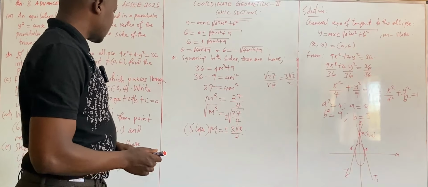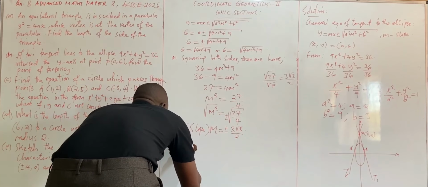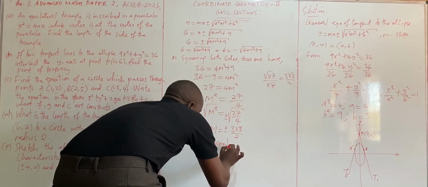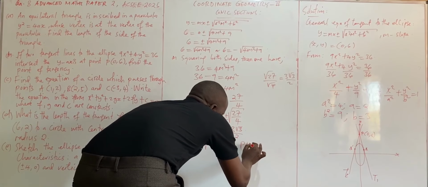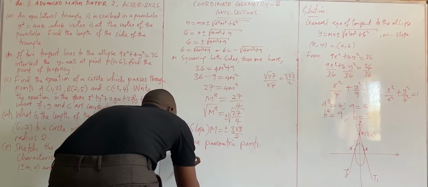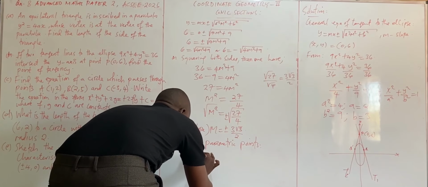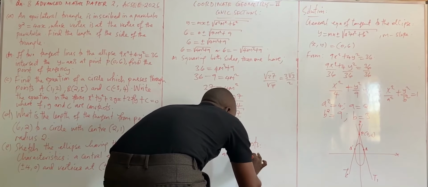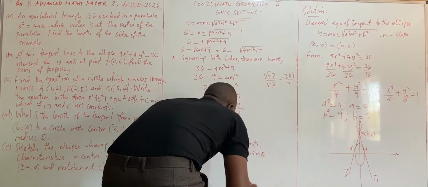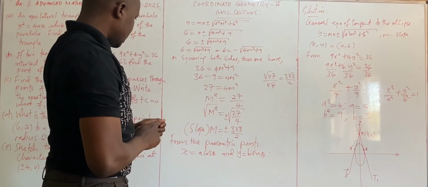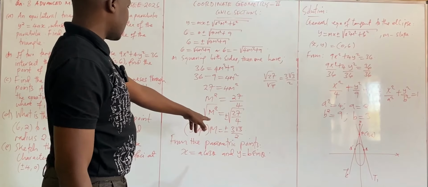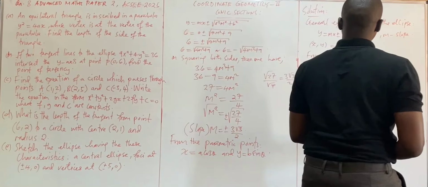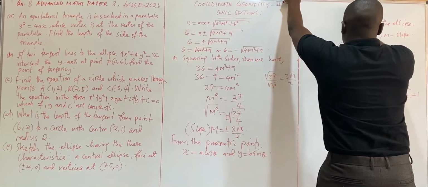So if we move and say now, from the parametric points for the ellipse, x is equal to a cosine of theta, and y is equal to b sine of theta. Now we try to use parametric points to formulate the slope through the derivative concept. So if we formulate the slope through derivative, let's see what we have.